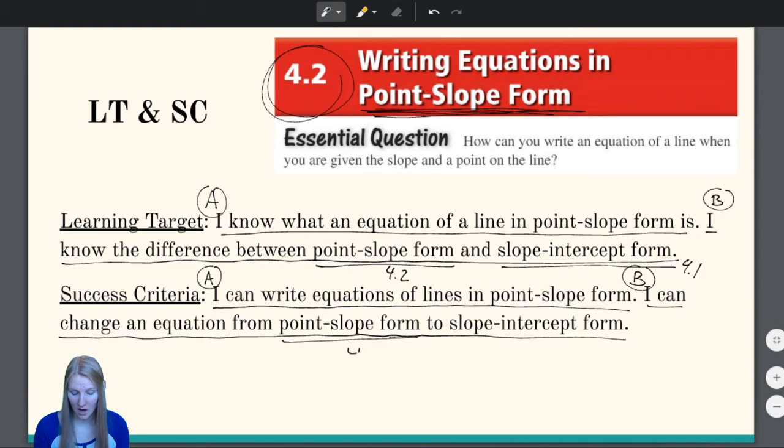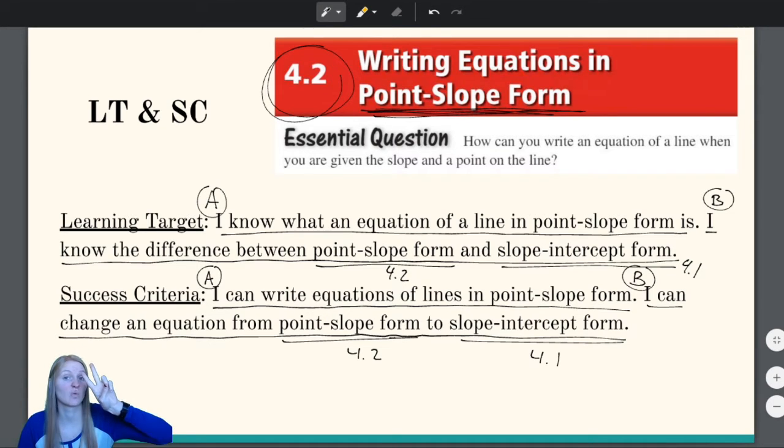So you can go in between 4.1 and 4.2. That is the second part of the success criteria. So what is point-slope form and how does it relate to slope-intercept form? Those are the two things that we are trying to learn in this video.